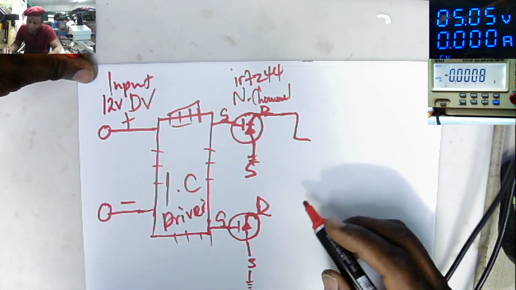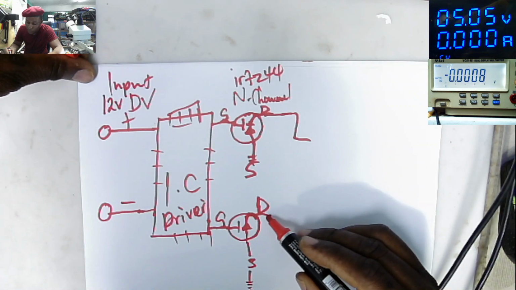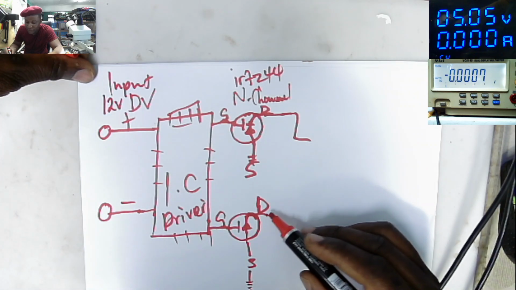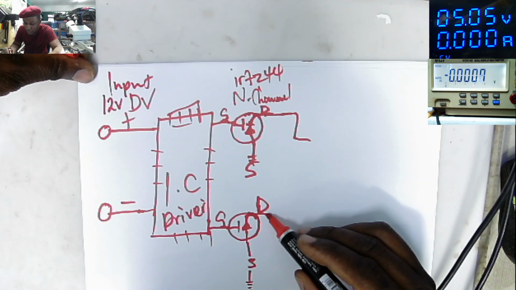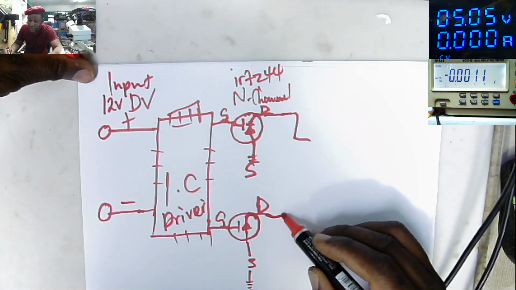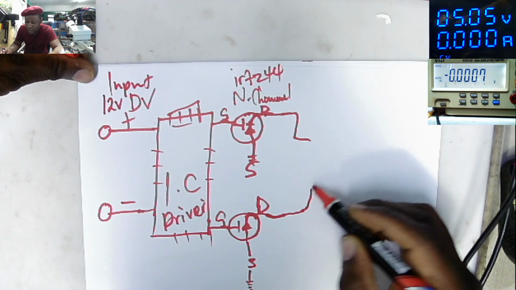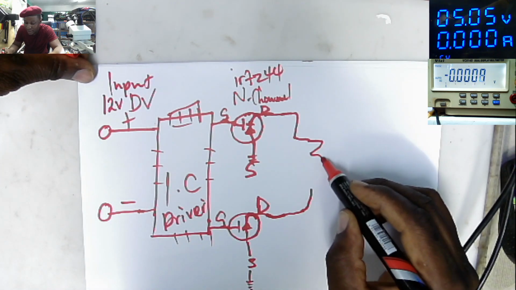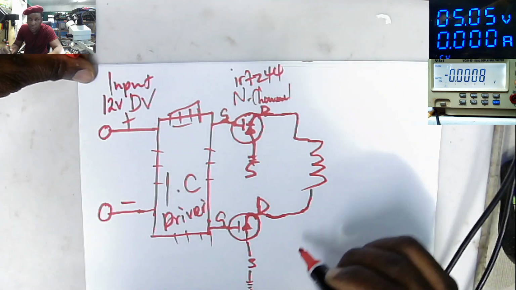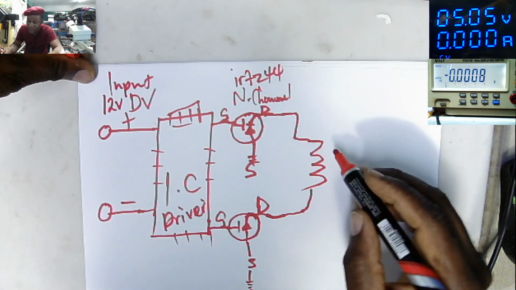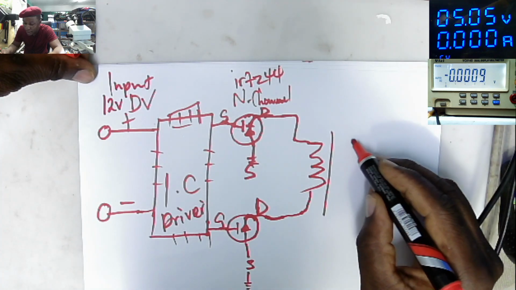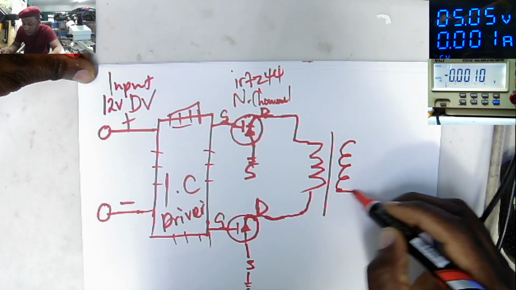So after this, it is going straight to the primary stage of the transformer. That's the transformer, and we have the secondary.